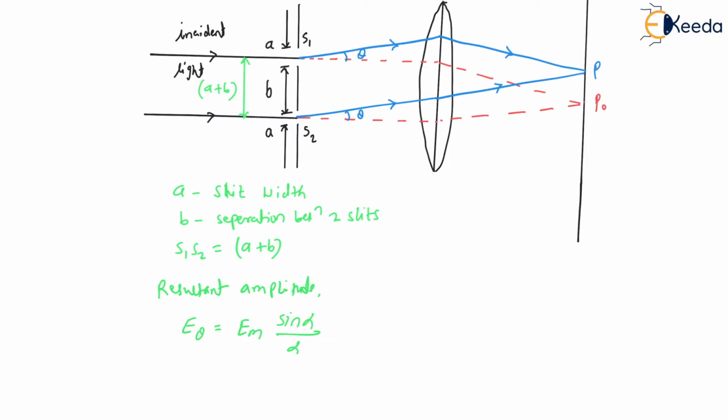And as we know, the value of alpha is pi upon lambda into small a into sine theta. Theta is the angle made by the wave with the normal. So this is alpha, and this is the resultant amplitude. Again, this Em is the maximum amplitude.